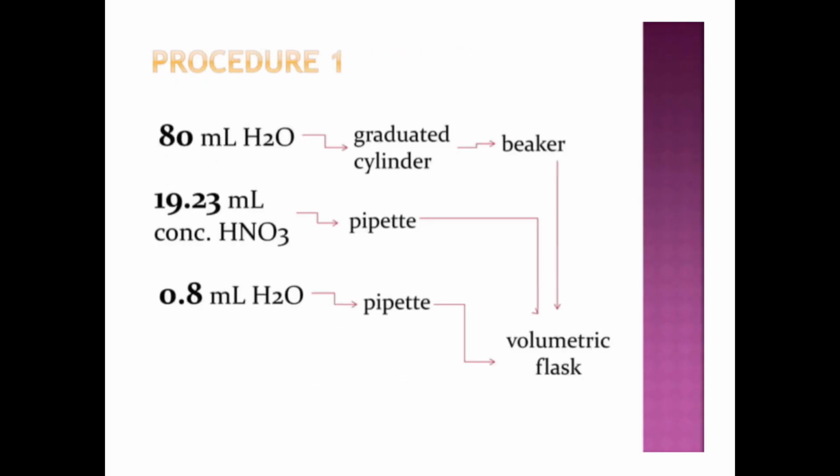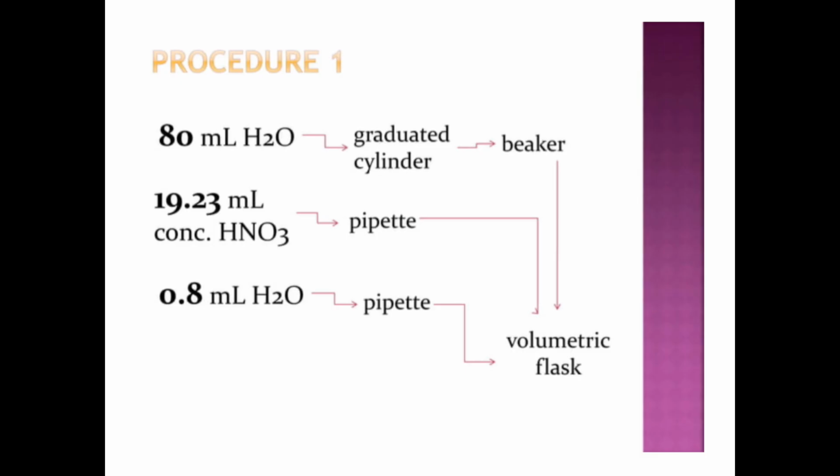So you measure 80 ml of H2O using a graduated cylinder and transfer it to a beaker. That's step one. Then from the beaker, you now transfer it to the volumetric flask.